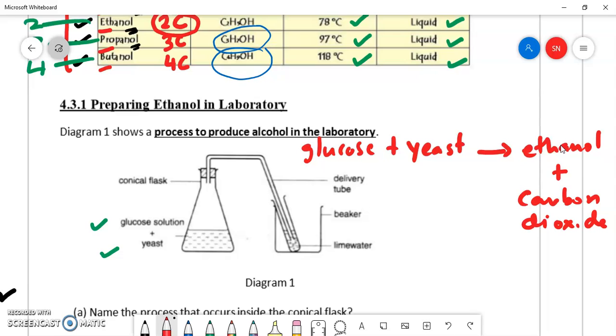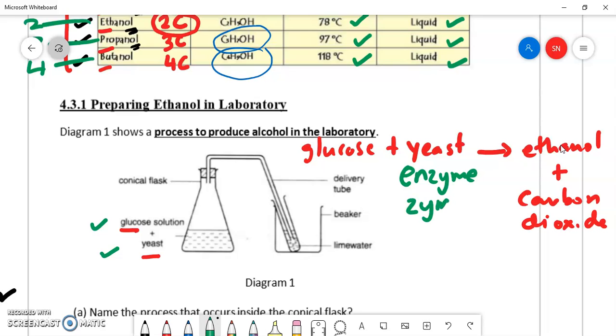So that's a conical flask filled with glucose solution added with some yeast. The same yeast that you use for baking bread. This yeast will actually produce an enzyme called zymase.